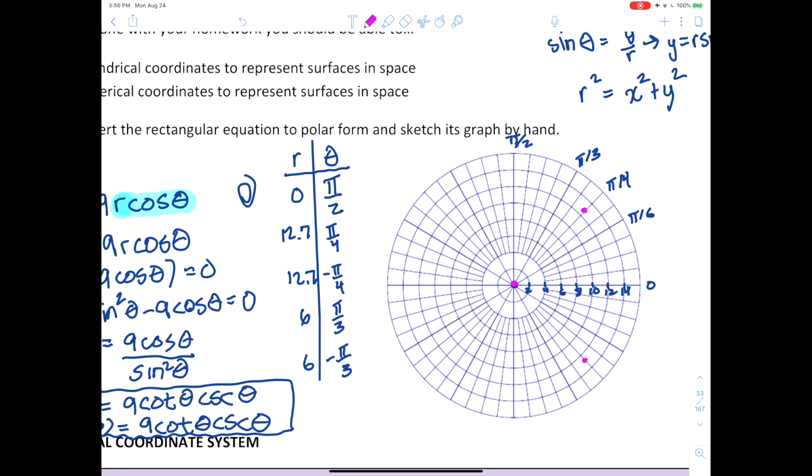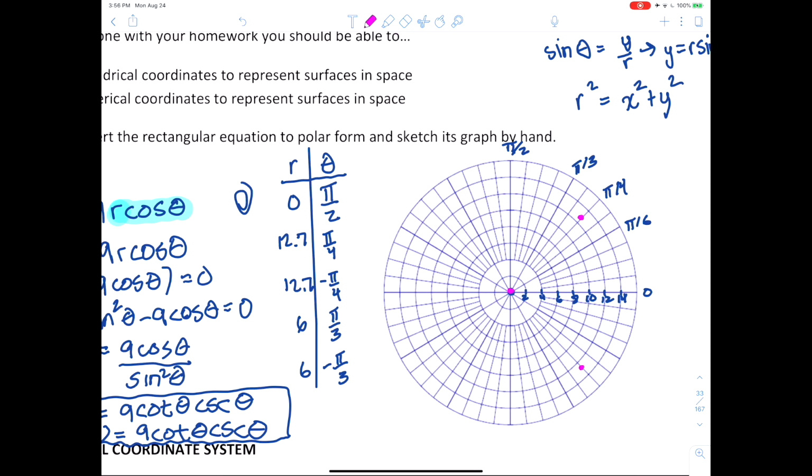So pi over 3 is this rotation up here, and then we got to go to 6. So we're right over here, and then over here. Cool, cool.